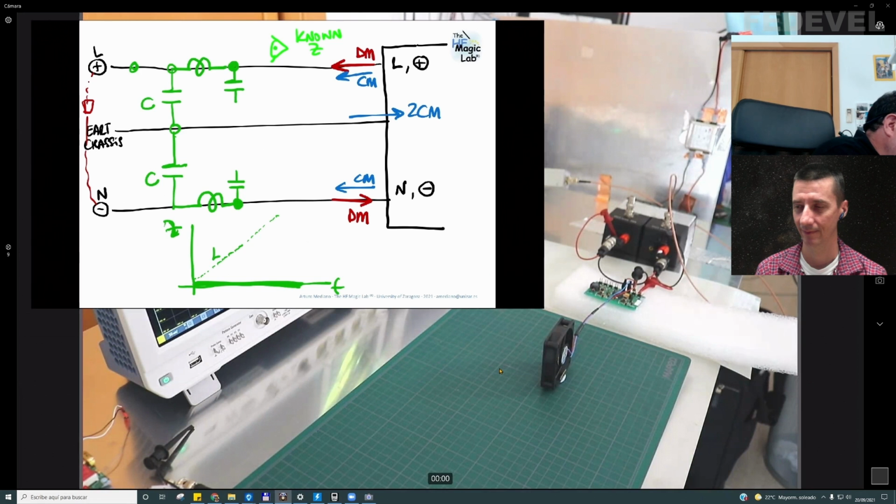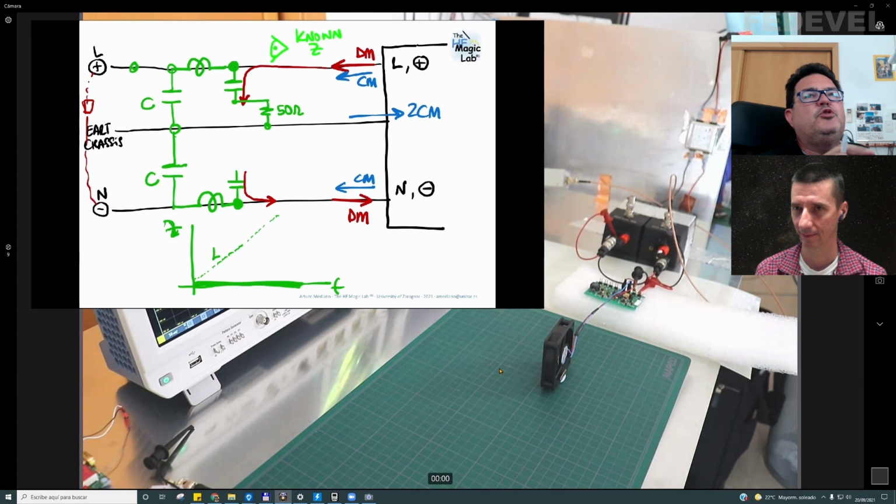So the differential mode noise goes in this direction and finds a low impedance path, and the differential mode noise will be returning through this capacitor. Now I put here a resistor. This resistor is a 50 ohm resistor that is not really in this position. This resistor is this.